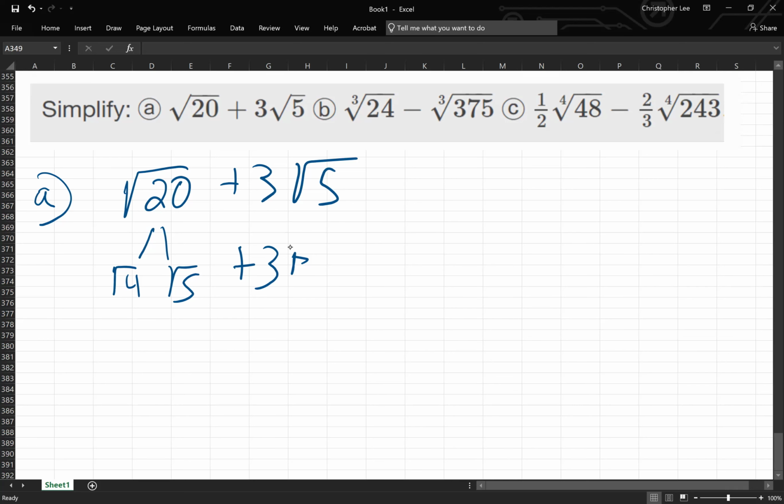And then what's the square root of 4? 2, right? So this is 2 square root 5 plus 3 square root 5. So add them. What is it?